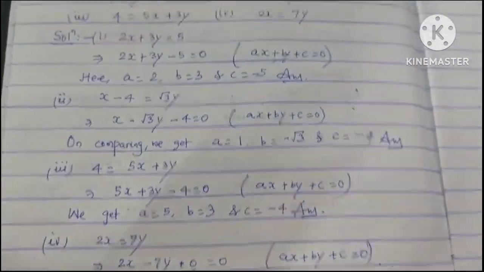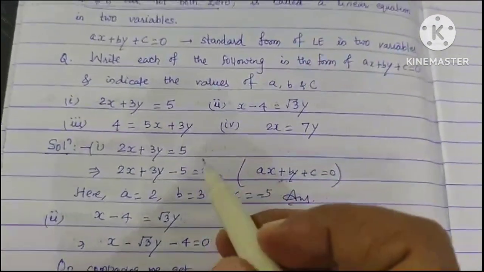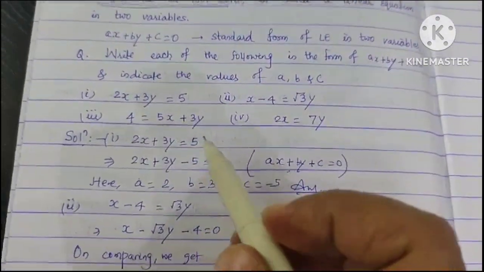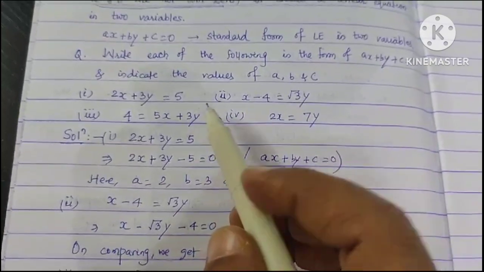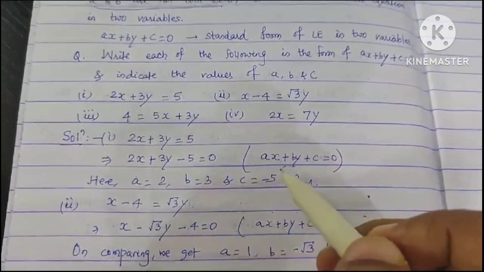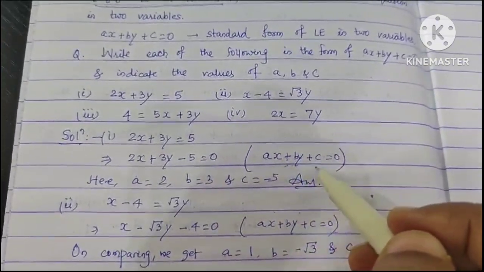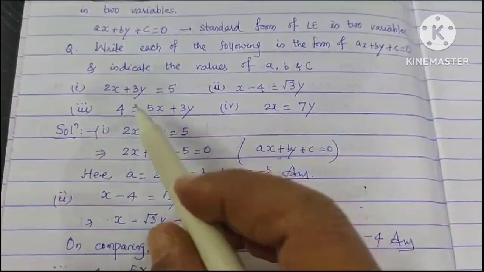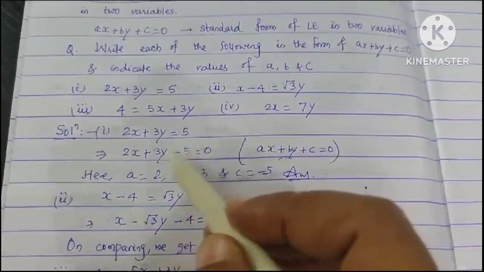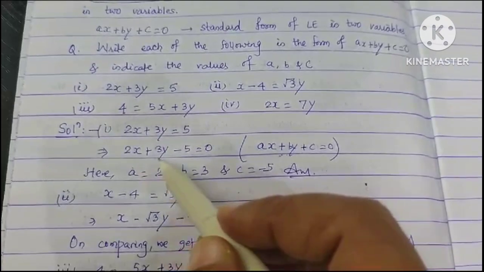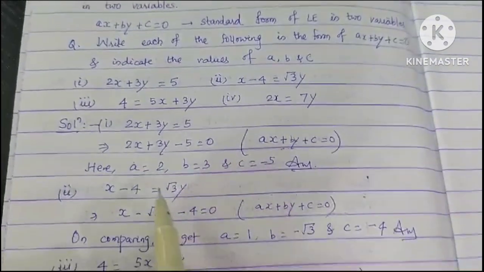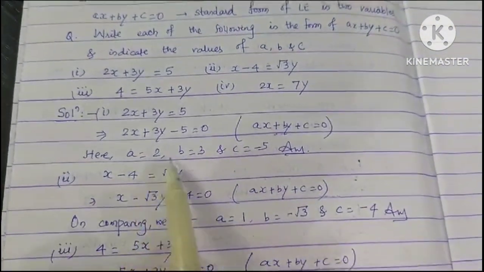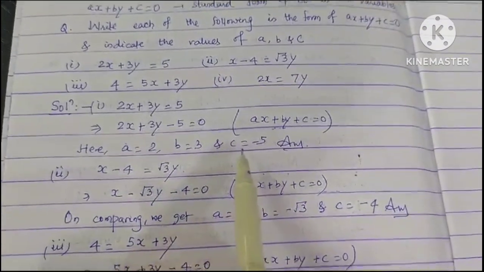So with these questions we understood that any equation, we first write it in the standard form, that is ax plus by plus c equal to 0. Like the question was 2x plus 3y equal to 5, we wrote it in the form of 2x plus 3y minus 5 equal to 0, and from this we got a equal to 2, b equal to 3 and c equal to minus 5.